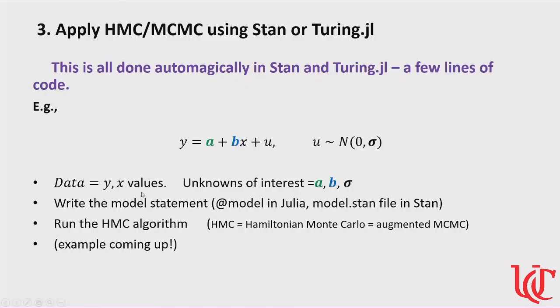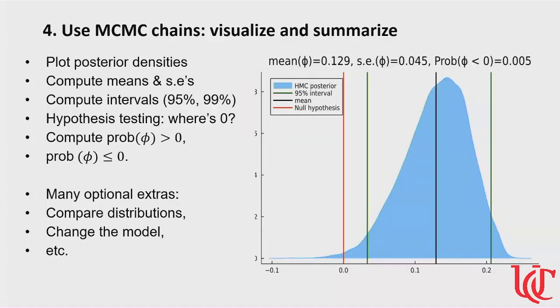So Hamiltonian Monte Carlo, you give it the data, what your unknown parameters are, write a model statement. As we'll see, that's just, okay, state my priors and the model, and the link equation, run the algorithm, and step 4 is just do summary statistics, right? Plot the posterior density, compute means and standard errors, compute intervals, do some hypothesis testing.